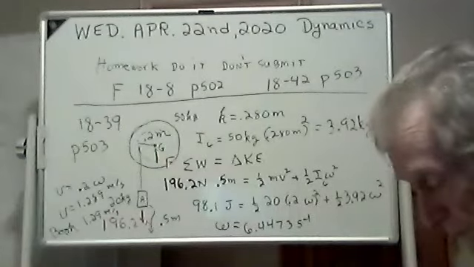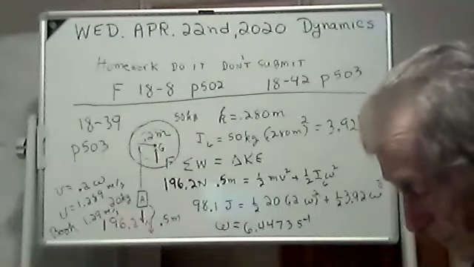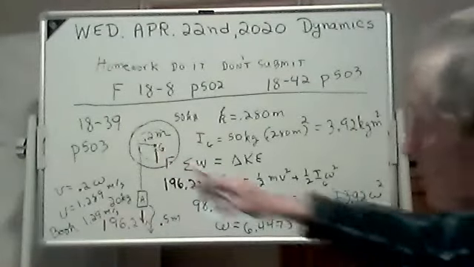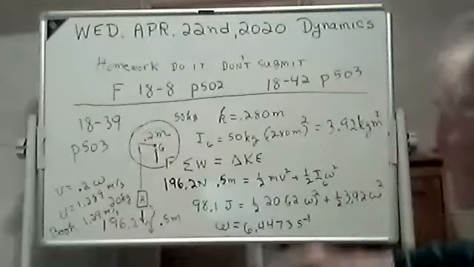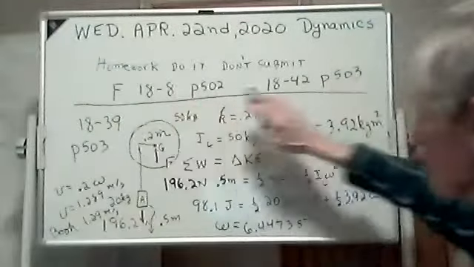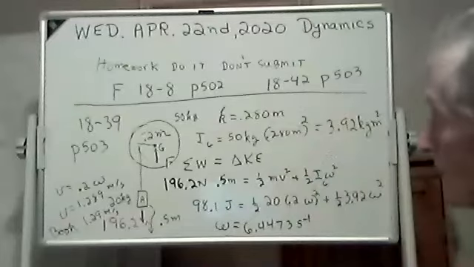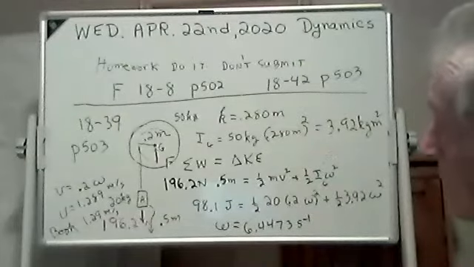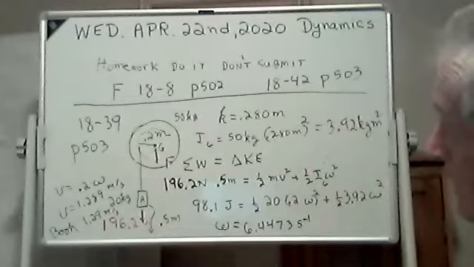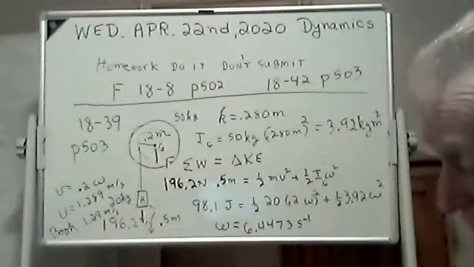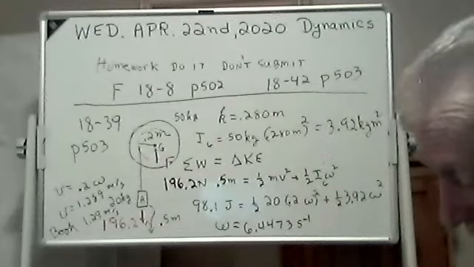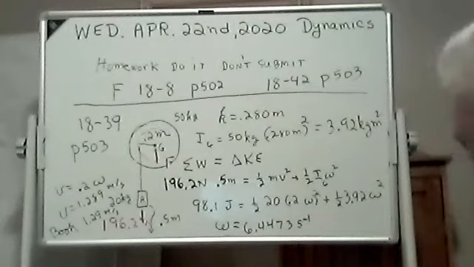So there we did the work energy theorem on problem 1839. And I've given you 2 problems to do. And we'll talk about those on Monday. And we'll enter into the exciting world of impulse momentum on Monday.